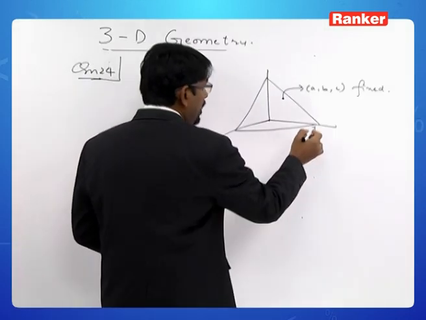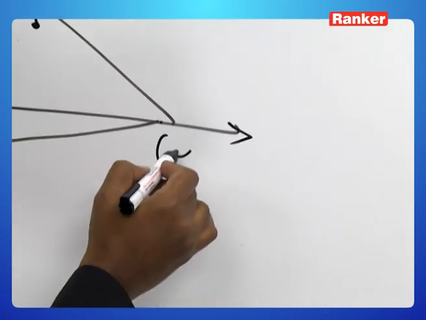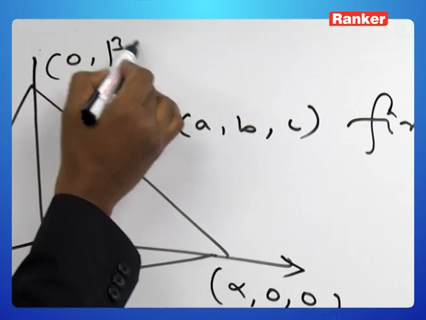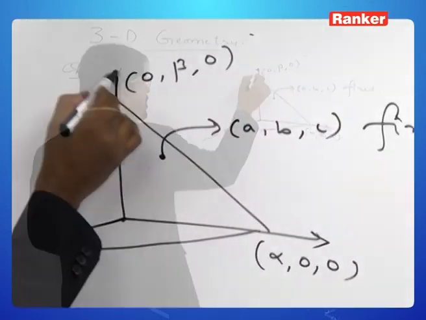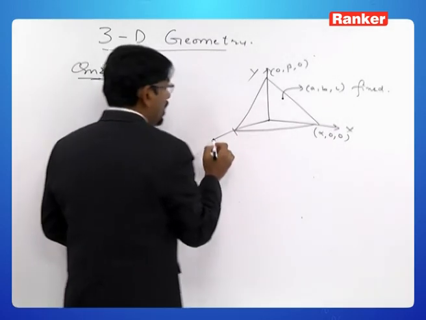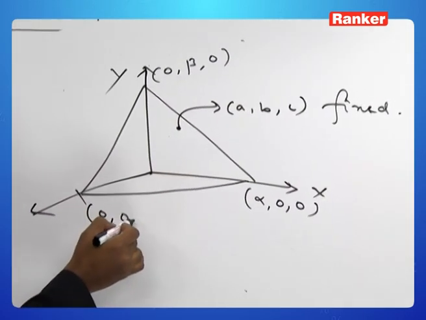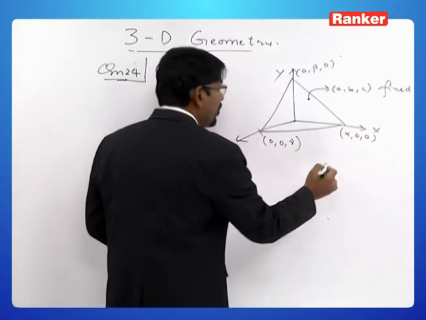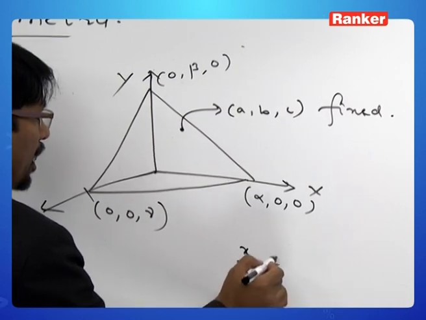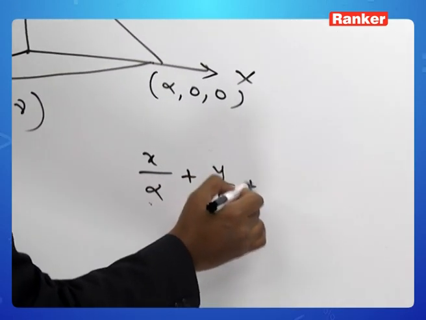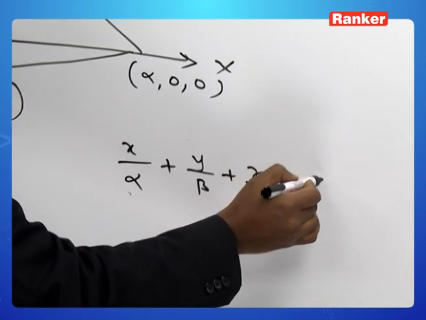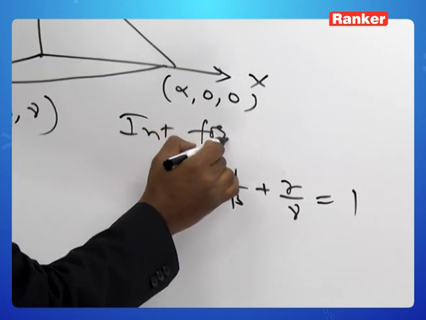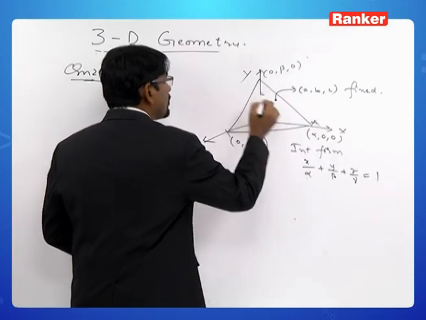Let us say this plane is meeting the x-axis at some point alpha comma 0 comma 0, y-axis at 0 comma beta comma 0, and z-axis at 0 comma 0 comma gamma. Therefore, the equation of this plane in the intercept form, we can write it in the form of x by alpha plus y by beta plus z by gamma is equal to 1. Intercept form of the equation of the plane ABC.